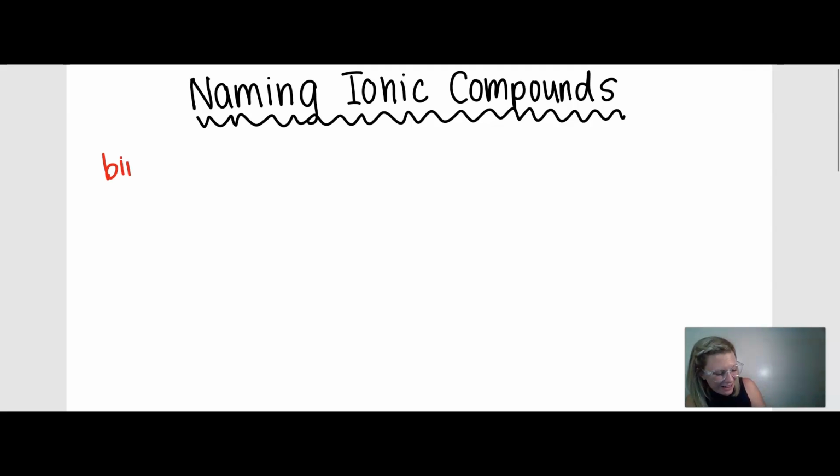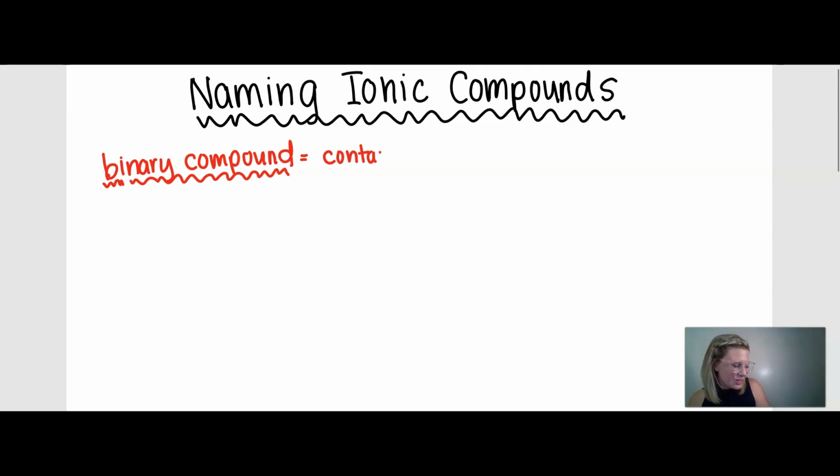So a binary, if you look at the base of the word, bi, means two. So a binary compound is going to be a compound containing only two elements. So for the first part of today, we're going to focus our energy on the binary compounds, okay? So let's get some examples of binary compounds, and we'll take a look at them to get started.